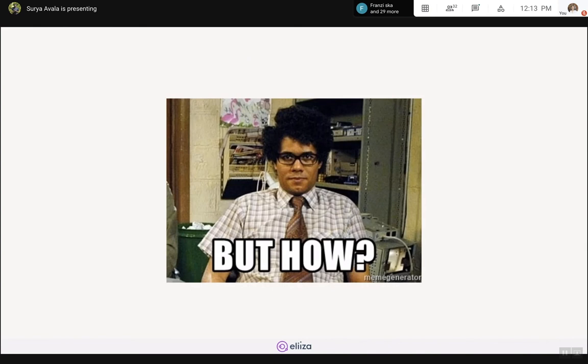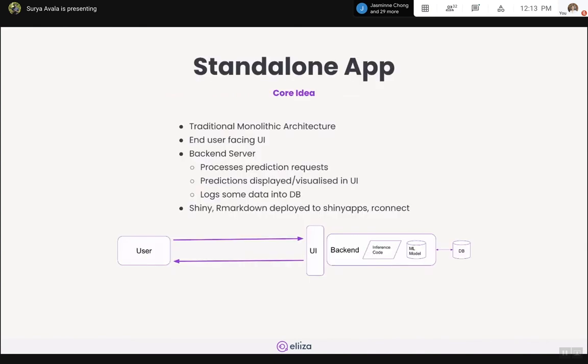So if you're wondering how, this is one approach you could take. I assume most of our users are familiar with something like this, where you would wrap your machine learning model and the inference code, the code that's used to extract predictions out of the ML model, in a backend, put a UI in front of it, and then deploy it somewhere.